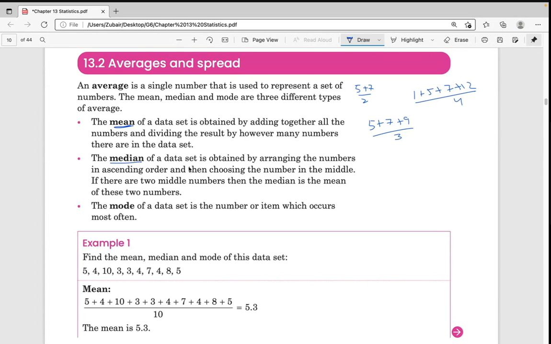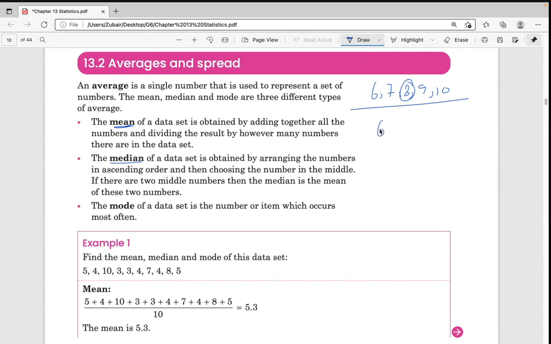The median of the data is the center number. When we have an odd count of numbers, the exact middle number is going to be the median. When we have an even count, we choose the middle two. For example, when we write 6, 7, 8, 9, and 10, 8 is the median.